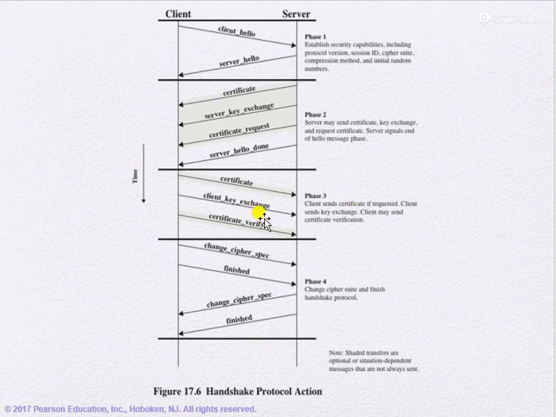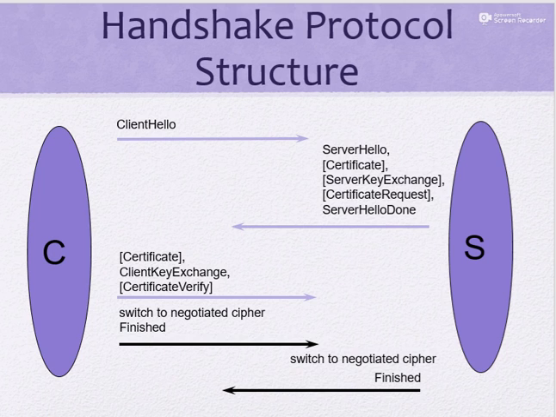Then the client will send its own certificate and key information. After phases 3 and 4, the client sends change cipher spec and finished message, and the server sends its side change cipher spec and finished. After that the handshake protocol is finished and a session has been established between client and server, and now they can establish connections on that session. So let's go for it.